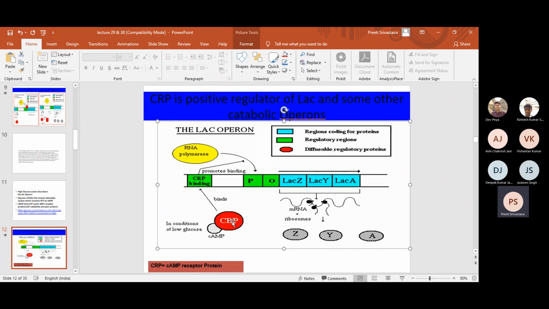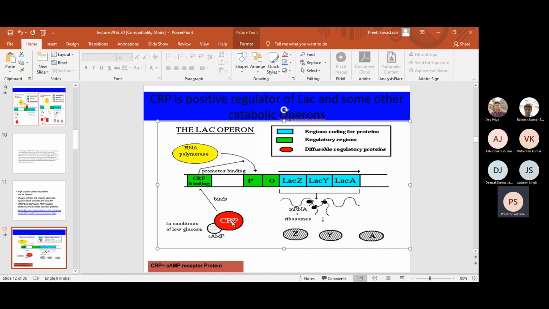What I want to tell you is that the lac repressor, which was mentioned in the previous slide, lacI makes the lac repressor, and the lac repressor is very specific to the lac operon. On the other hand, CRP or CAP is a global regulator. It can regulate the lac operon, and many other catabolic and, in fact, anabolic operons as well.